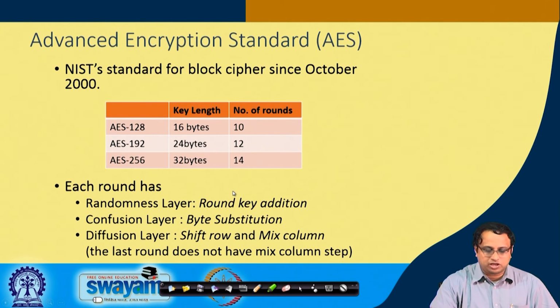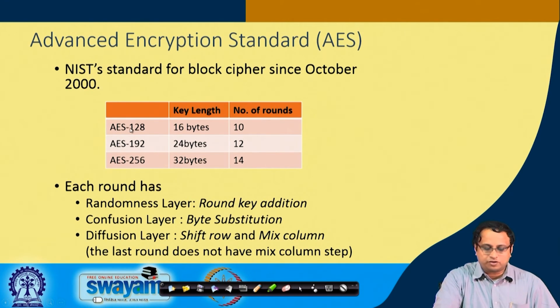So what we will be talking about subsequently is a full-fledged cipher, which is called AES, also called the Advanced Encryption Standard. This is a de facto worldwide standard from 2000, and there are different versions of this algorithm: AES 128, AES 192, and AES 256.